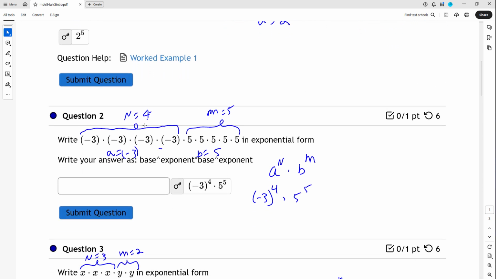Write this expression here in exponential form. We see negative 3 is being repeated 4 times, and 5 is being repeated 5 times. So here I have a to the m times b to the m. And I just plug in here. And that's my answer.